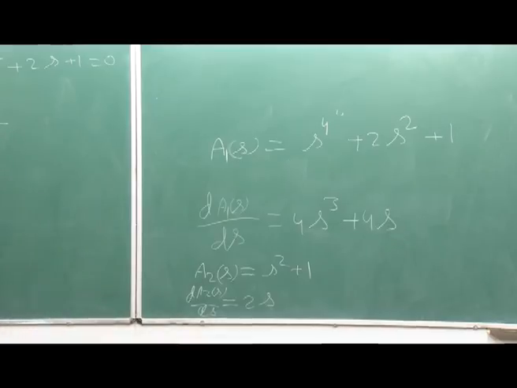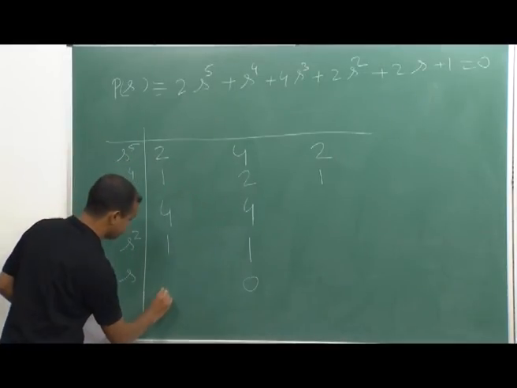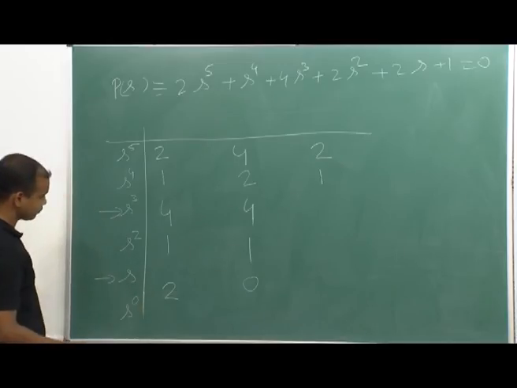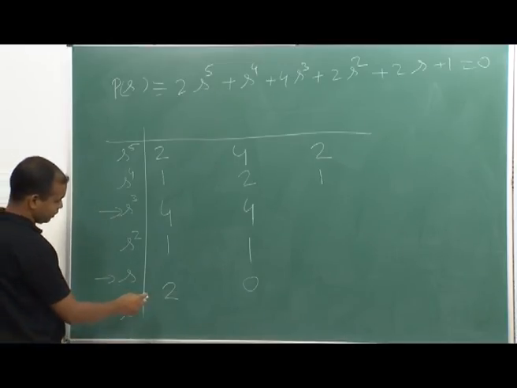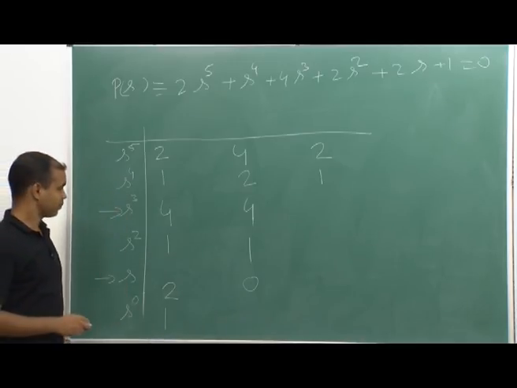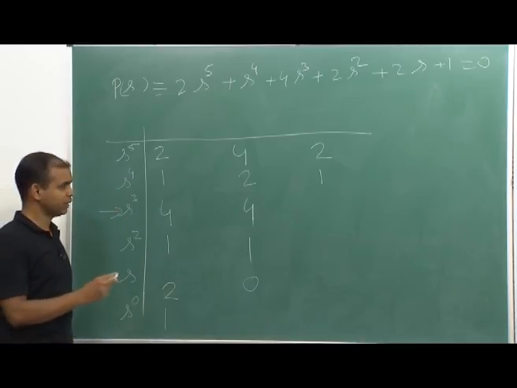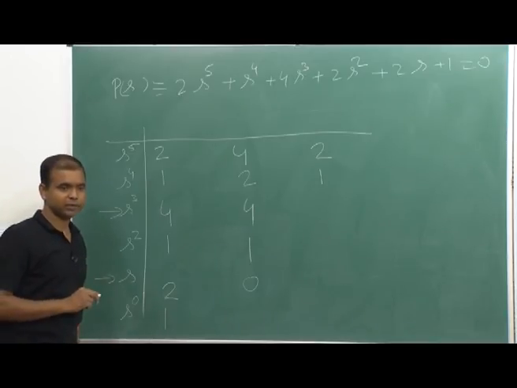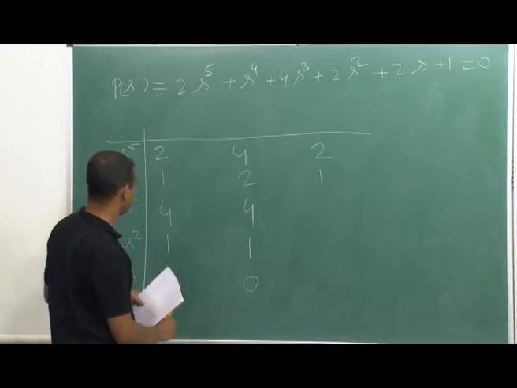So I will have to replace this 0 with 2, and now for s to the power 0, I will get 1. So all the coefficients are positive, but we have to check whether there is any double pole on the imaginary axis or not.